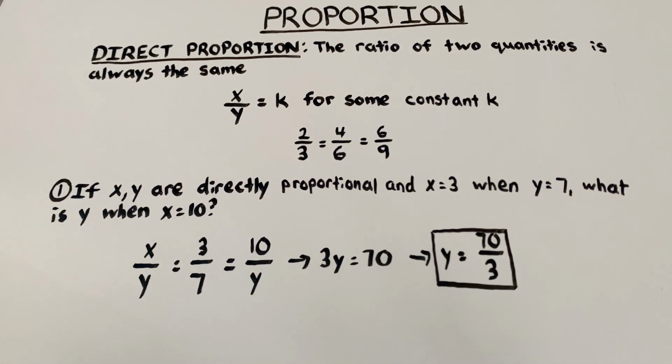And that's all there is to it. So you can see that direct proportion is just setting ratios equal to each other and then solving. So that was the first example of direct proportion. Let's take a look at another example that's slightly trickier because you just need to read the problem a little more carefully.